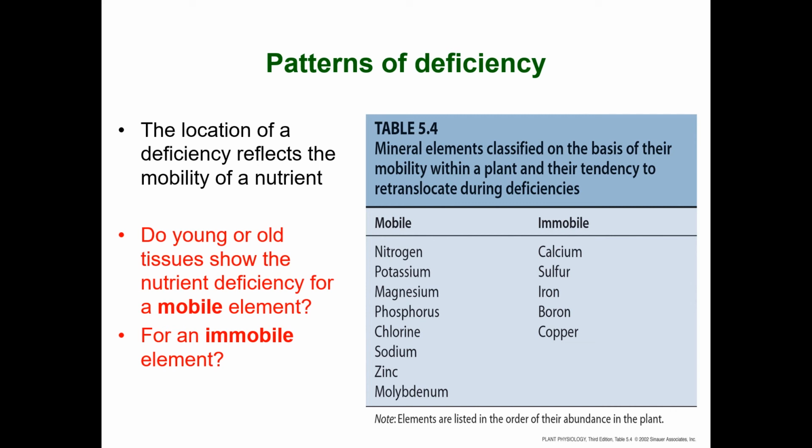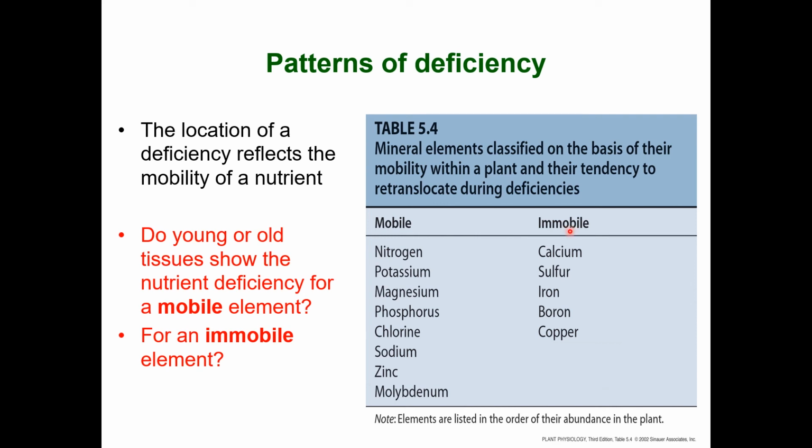Okay, so let's think about mobile elements like nitrogen. If we have a mobile element like nitrogen or phosphorus in our plant and we have younger leaves, presumably the nitrogen will be able to move to those younger leaves. So it would be the older tissues showing the nutrient deficiency.